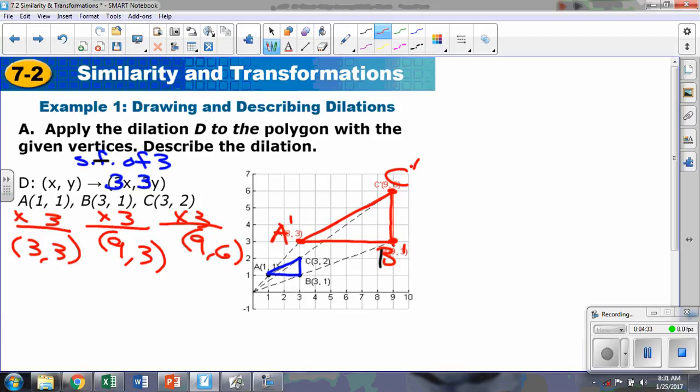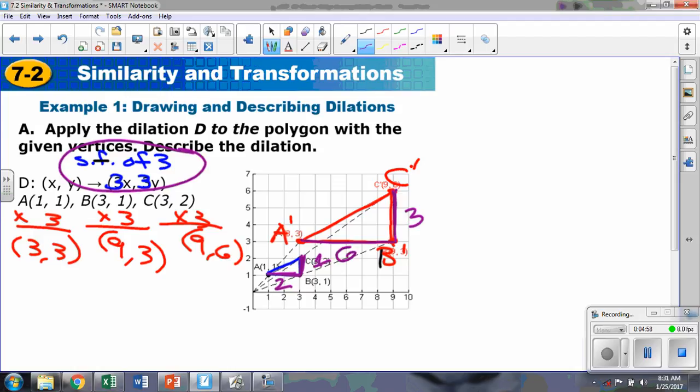It's worth noting then, just the behavior that we would see when we are working with a scale factor of 3. The side length that was 1 tall is now 3 tall. The side length that was 2 wide is now 6 wide.